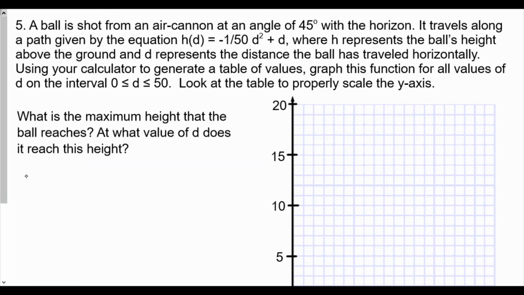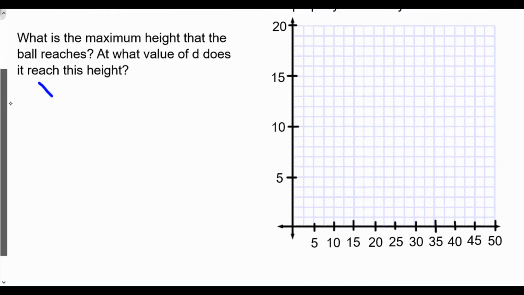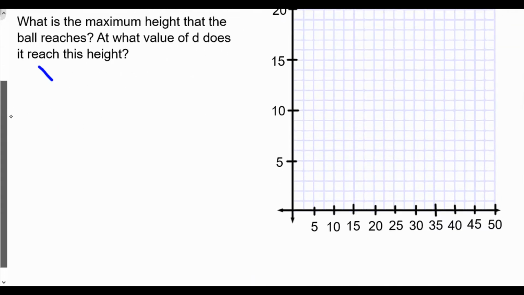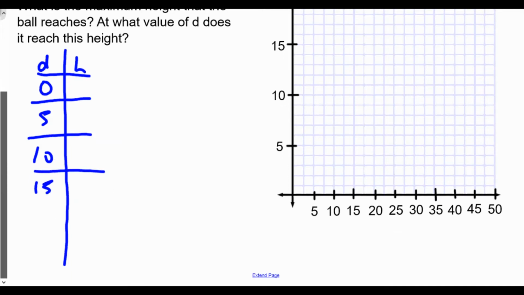So, all right, let me move this down a little bit, and we're going to have here our d value, because it's in terms of d and h. So instead of using x, which I normally like using, our independent variable will be the letter d, and the dependent variable will be the letter h. And we'll do 0, 5, 10, 15, 20, 25.